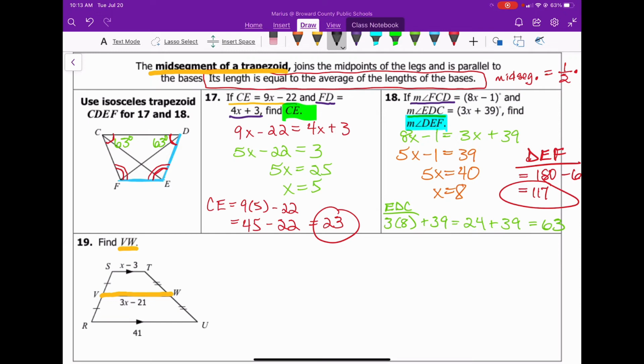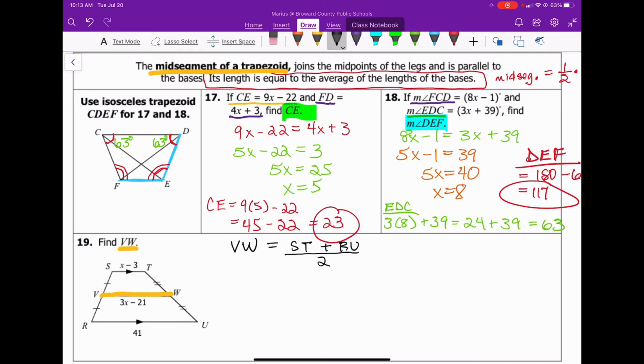The mid segment is equal to the sum of the two bases, so ST plus RU divided by 2. And now we're just going to replace those segments with the expressions.